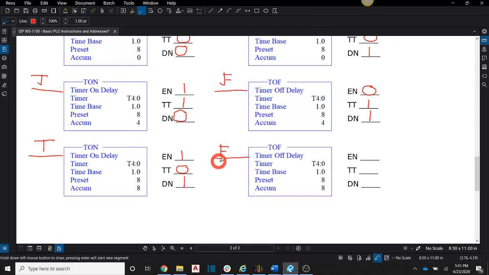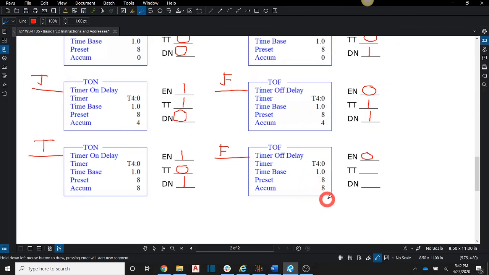So the rung coming in would have to be false. If the rung coming in is false, that means our enable bit here would have to be a 0, because the enable bit is just going to mimic whatever is happening on the rung. Okay, we're physically no longer in the act of timing because we are complete.